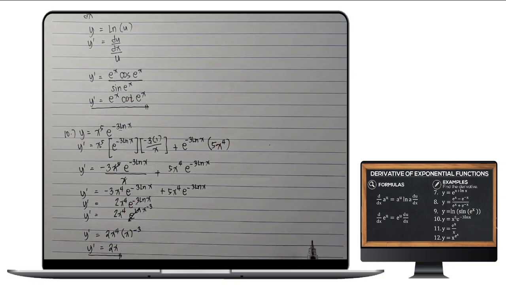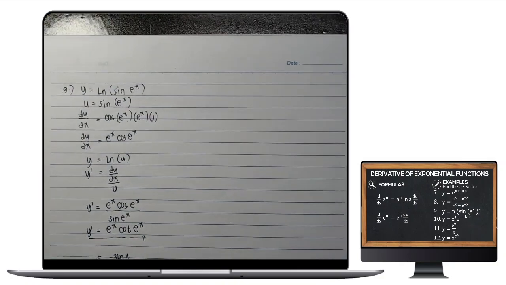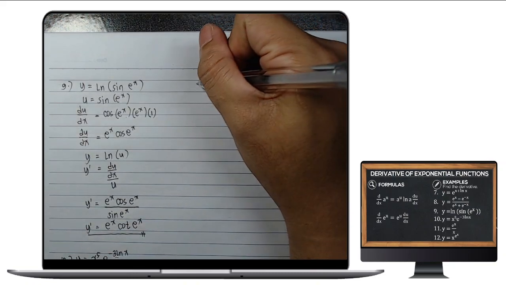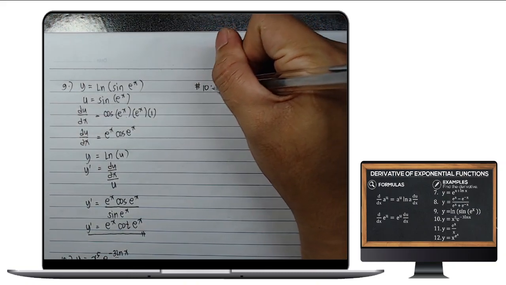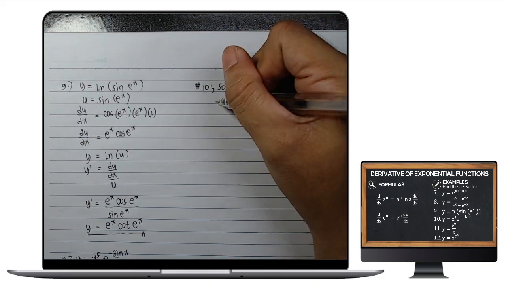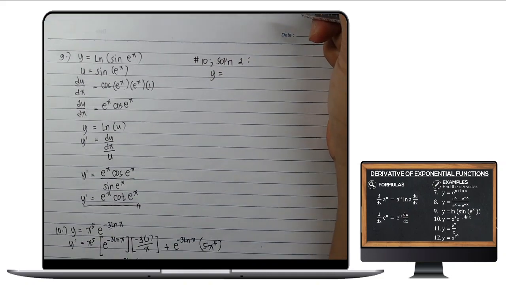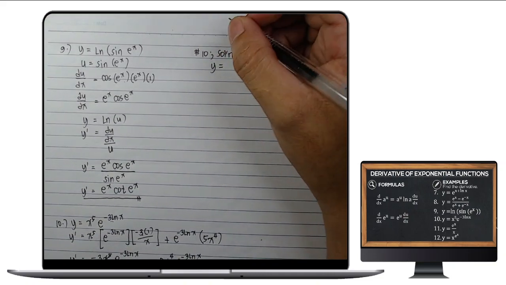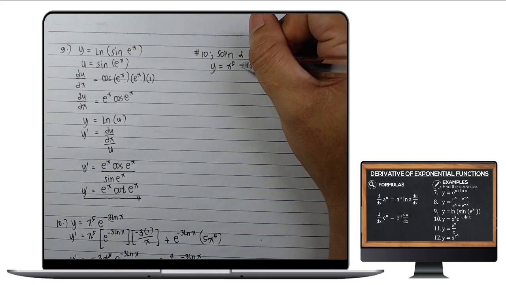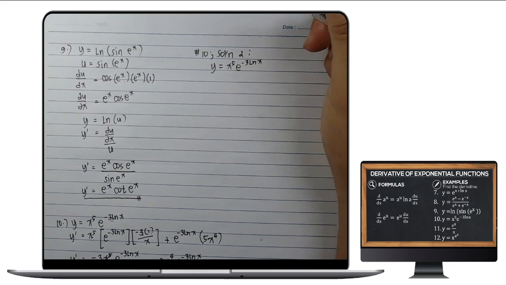Okay, so let's present the second solution of problem number 10. So for number 10, we have y is equal to x raised to 5 e raised to negative 3 ln of x.